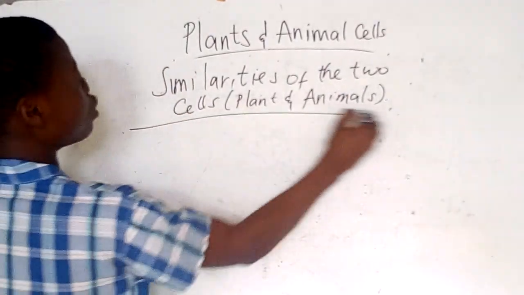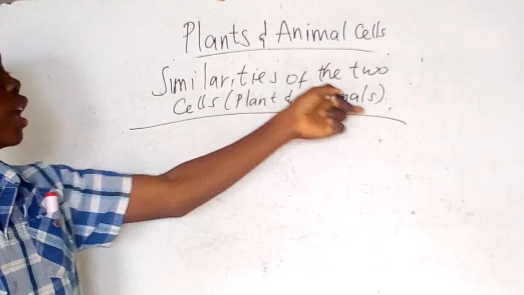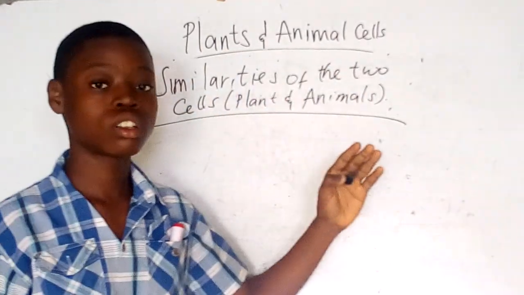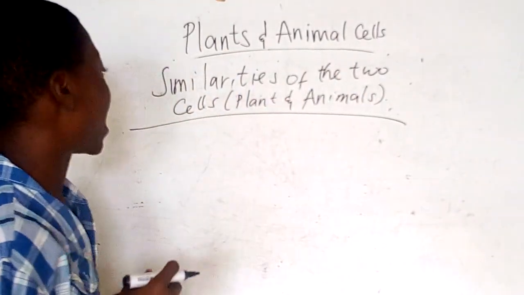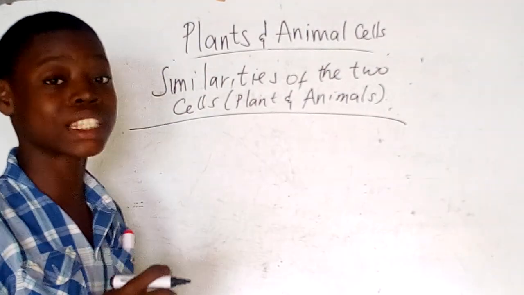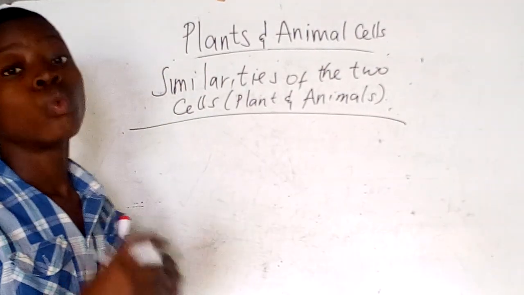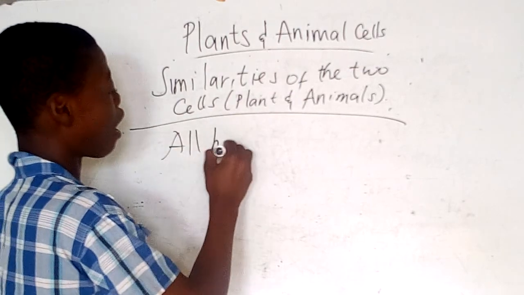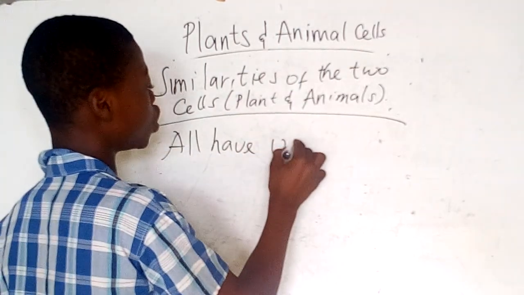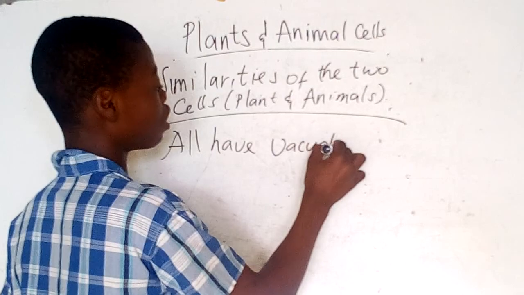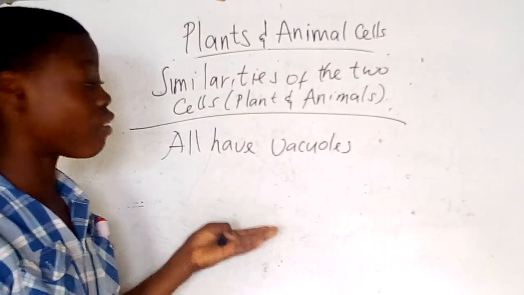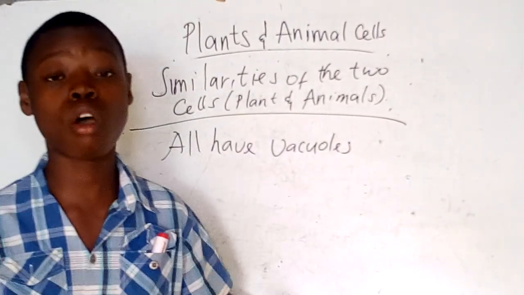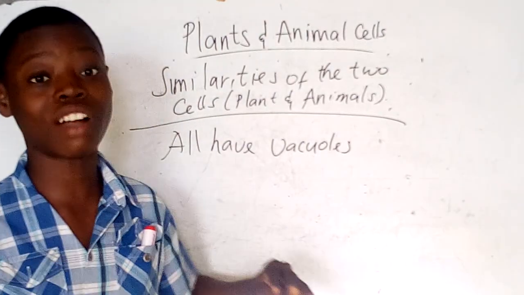So similarities between the plant cell and the animal cell. Okay, now when we draw the plant cell and the animal cell, we see that they all have vacuoles. You see that they all have vacuoles. Whether they are small or big, they all have vacuoles.